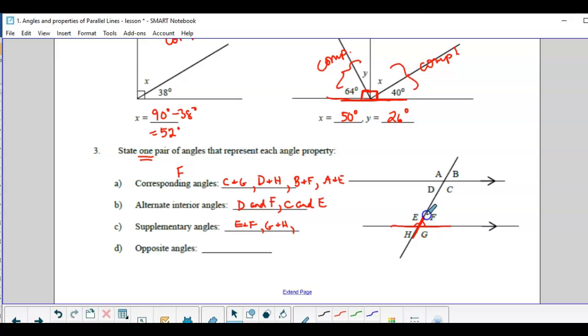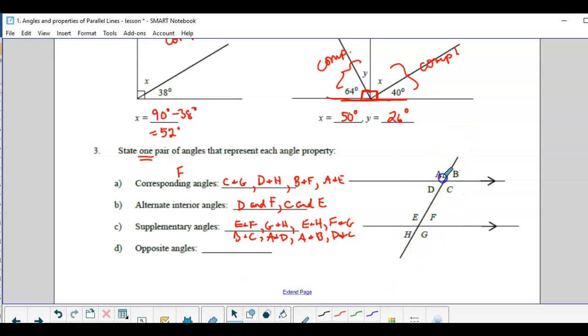And then you could also look this way. So E and H, and F and G. And then up here, same thing. So you could go B and C, and then A and D, and then you can go this way, A and B, and then D and C. And then opposite angles, there's a lot there as well.